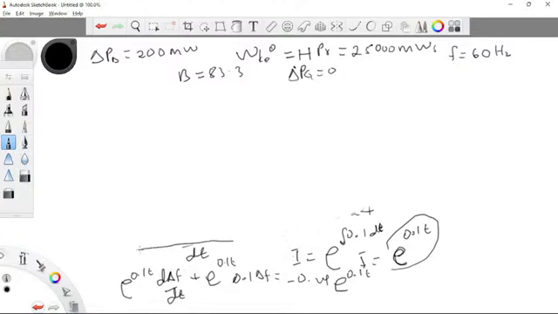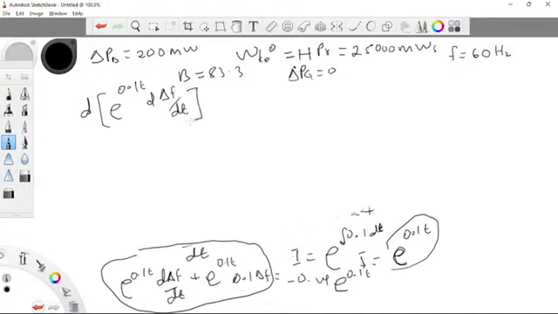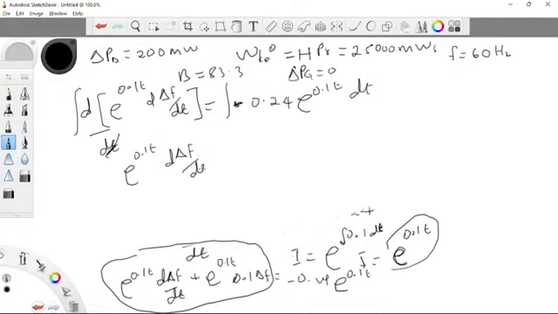Then we can put this together as d of e to the power 0.1 t delta F over dt equals negative 0.24 e to the power 0.1 t. Then bring the dt here and integrate. We have e to the power 0.1 t delta F.